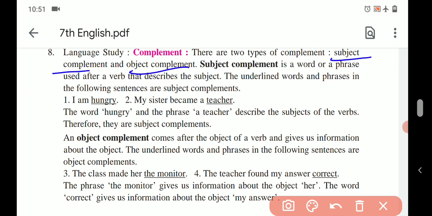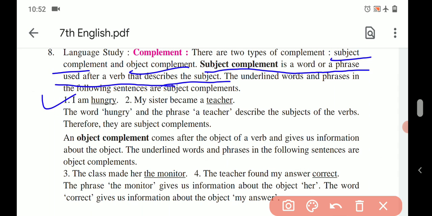What is subject complement? Let us see. Subject complement is a word or a phrase used after a verb that describes the subject. The underlined words and phrases in the following sentences are subject complements. So keep in mind, subject complement is a part of a sentence that may be a word or a phrase which comes after the verb.